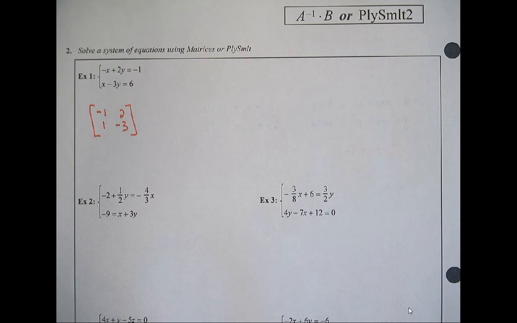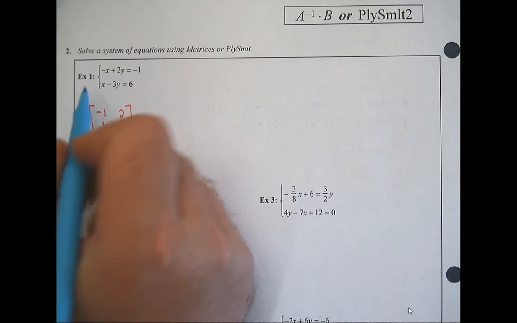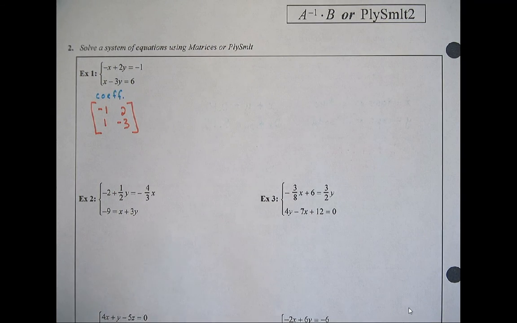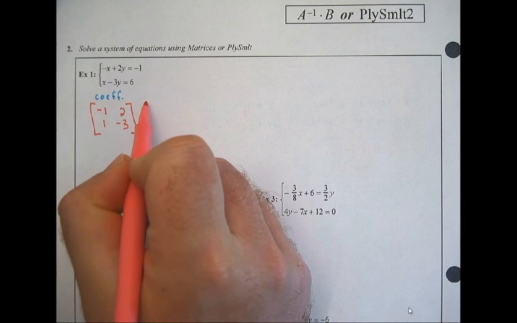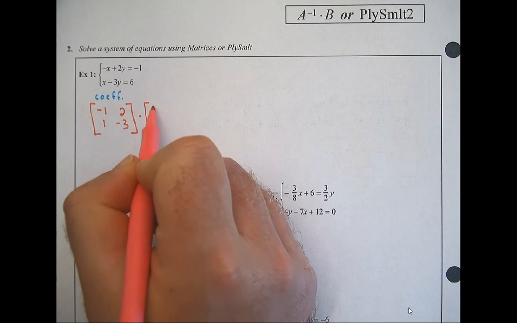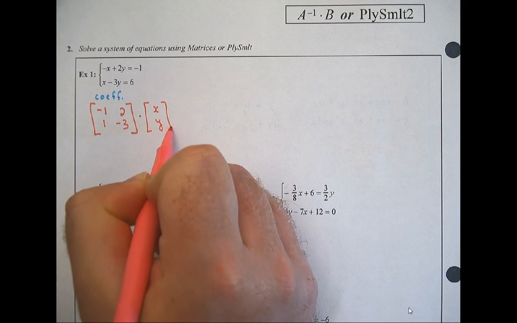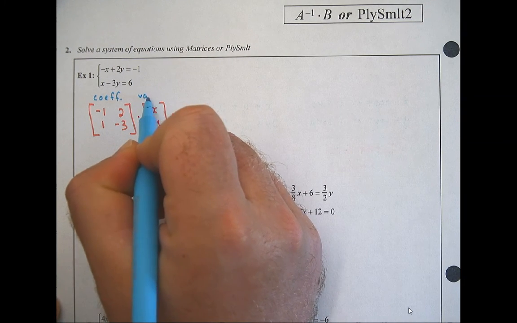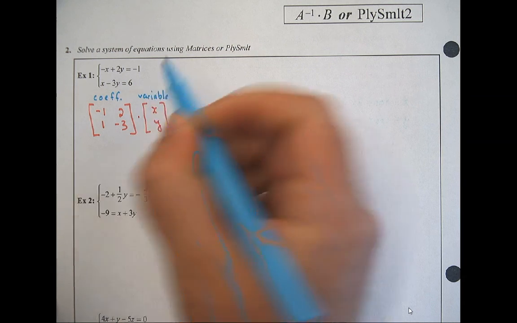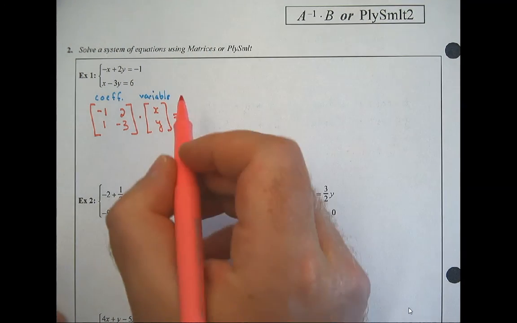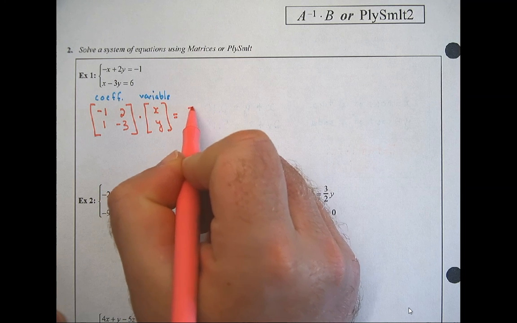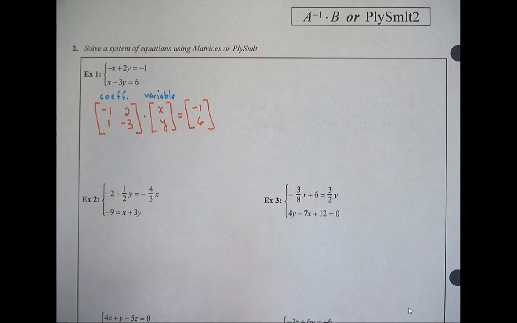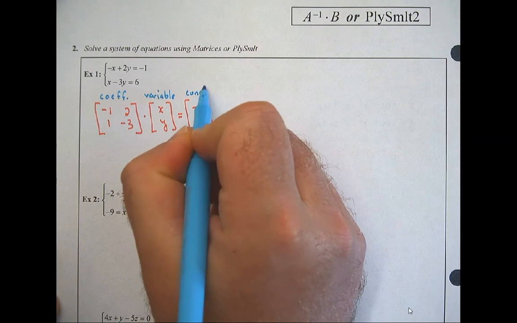This is what we call the coefficient matrix because it's all the coefficients multiplied by the variable matrix, and our variables are X and Y. This is our variable matrix, and that's going to come together to make the constant matrix, -1 and 6. That's what we call the constant.